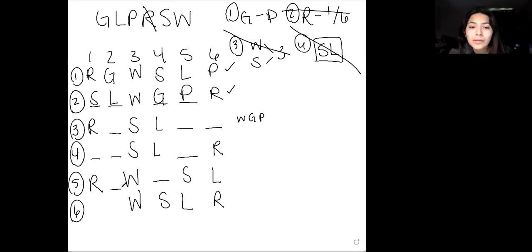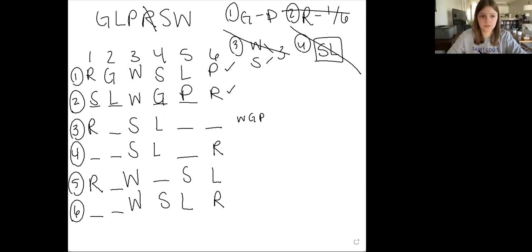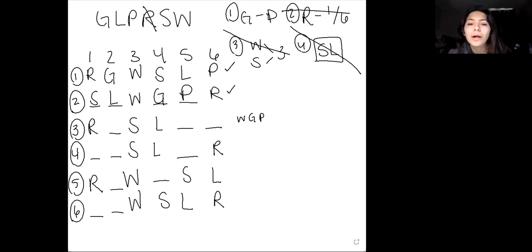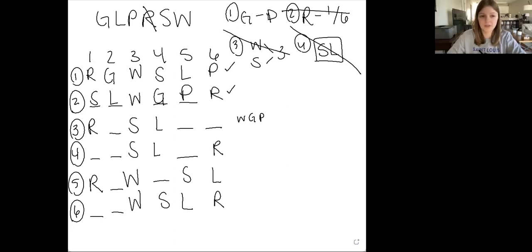I guess if we start with G and P, G can go in 2, right? And it can also go in 5 or 6. Can G go in 6? No. What does it have to be before?